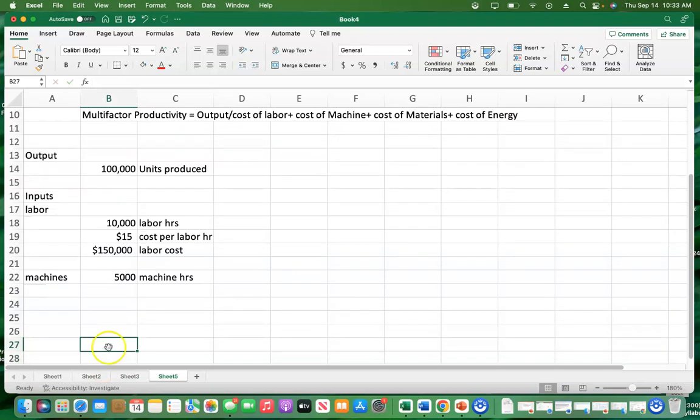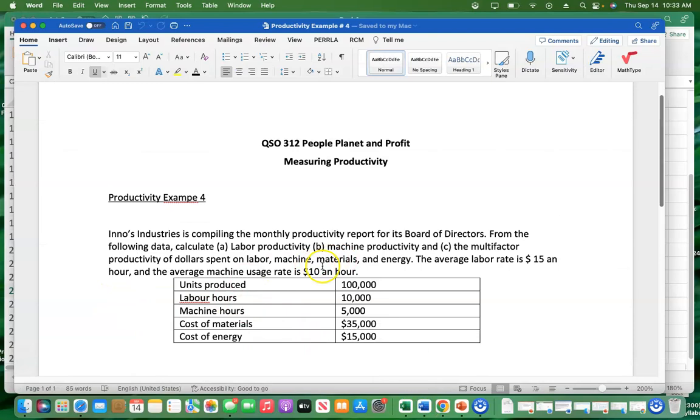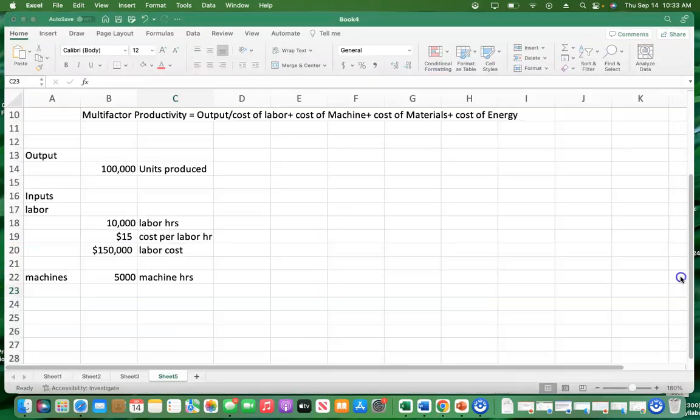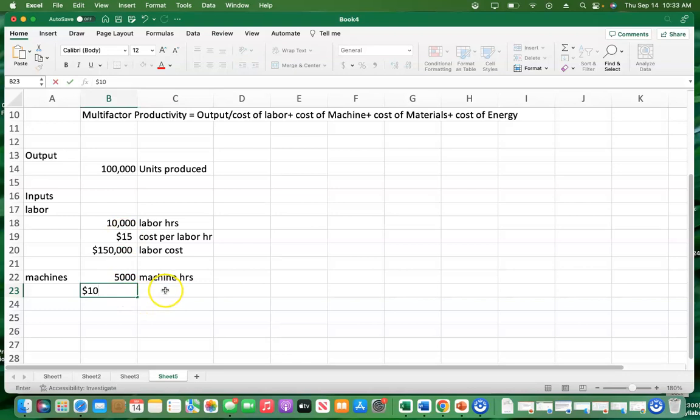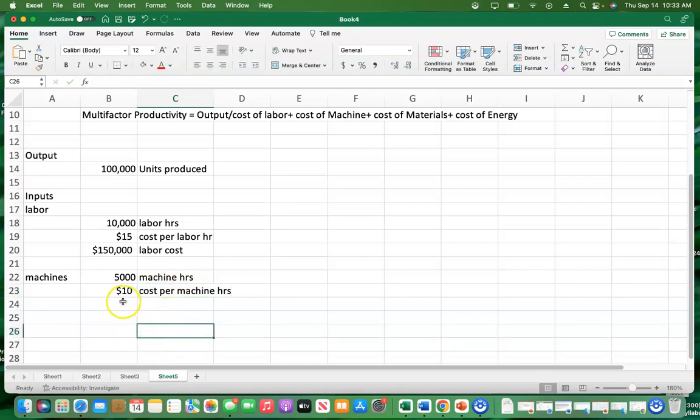And for each machine hour, it will cost about $10. This one was 15, and this one will cost $10. So that's the cost per machine hour.